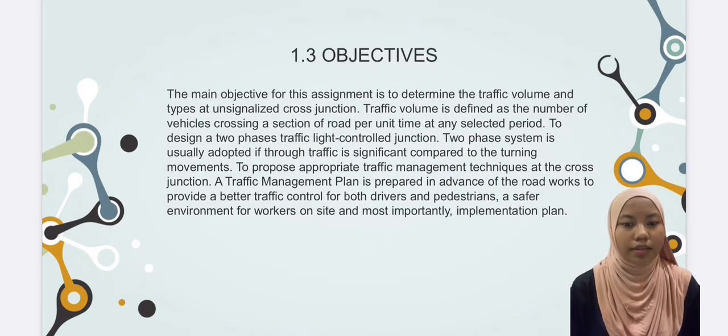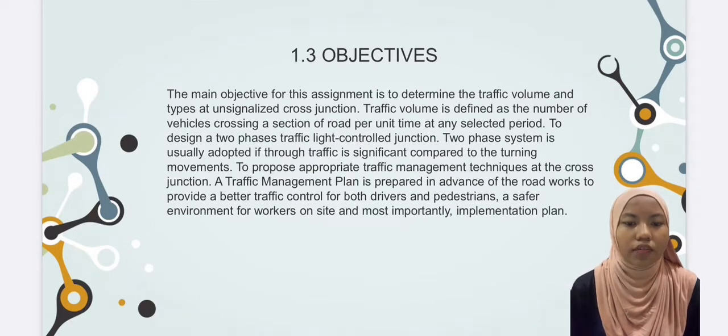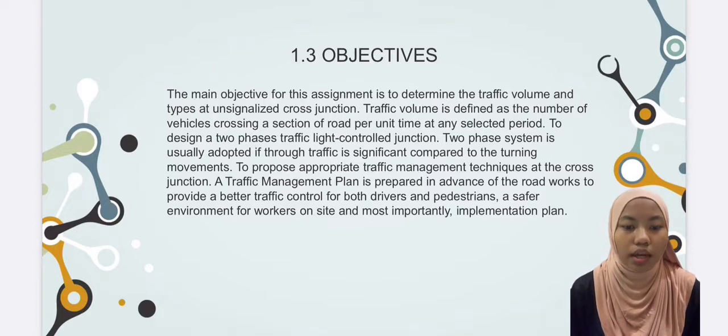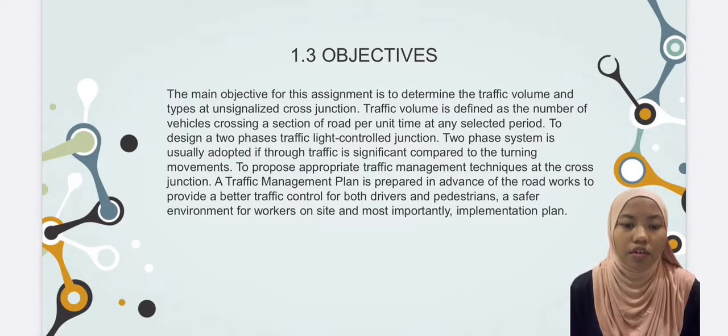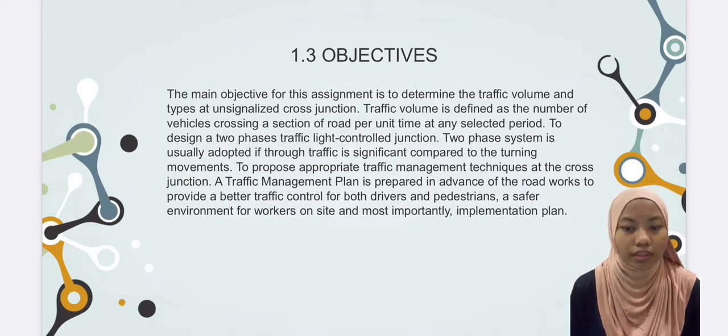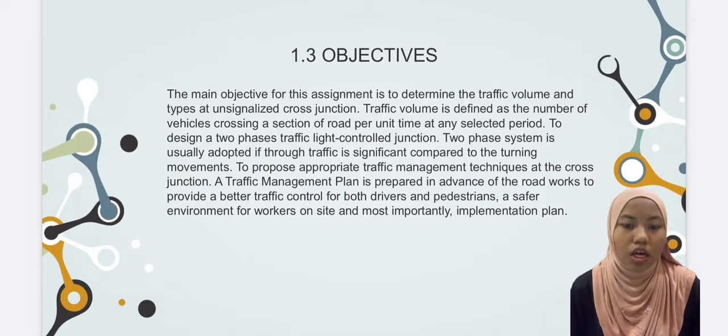Next is the objective. The main objective for this assignment is to determine the traffic volume and type at the unsigned cross junction. Traffic volume is defined as the number of vehicles crossing a section of road per unit time at any selected period. Next is to design a two-phase traffic light control junction.